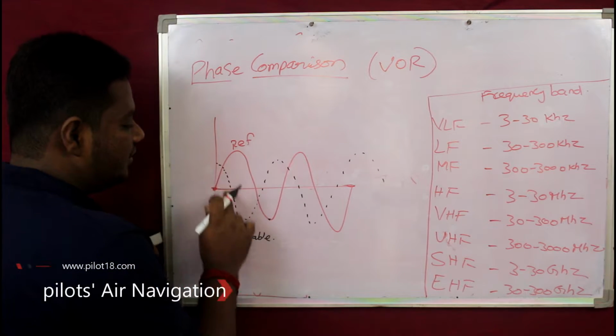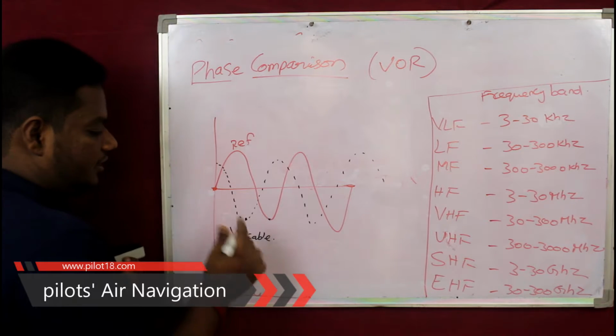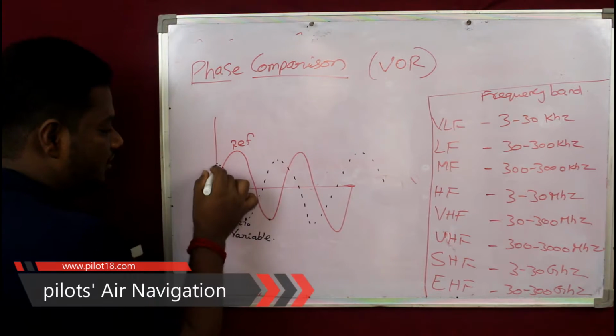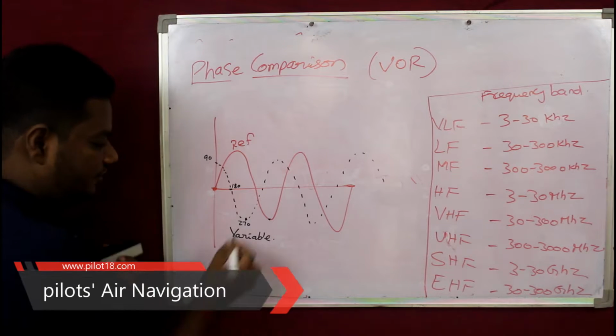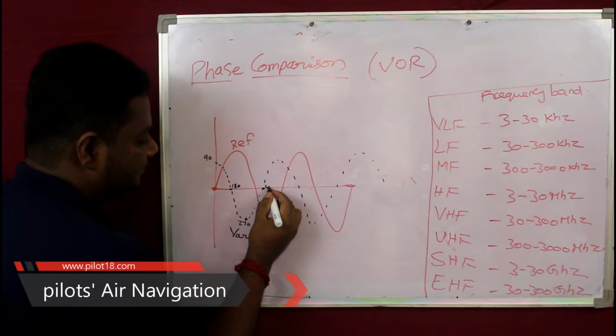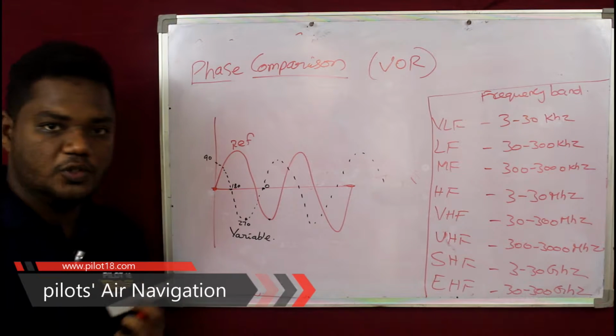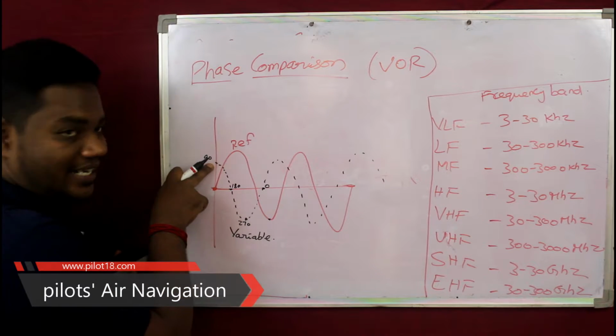The bottom point is always 270, right? This is 270. If this is 90, this will be 180 of the variable wave. The bottom is always 270, so 0 is initiating here. Hope you understand.